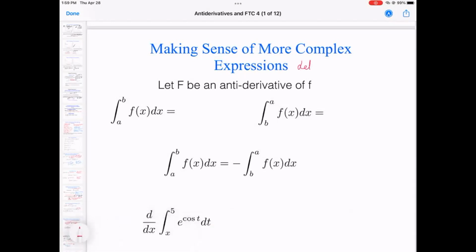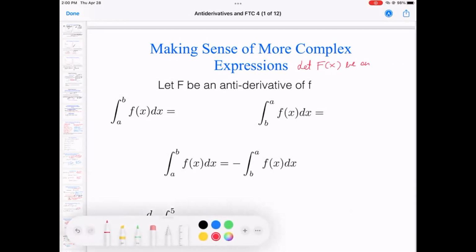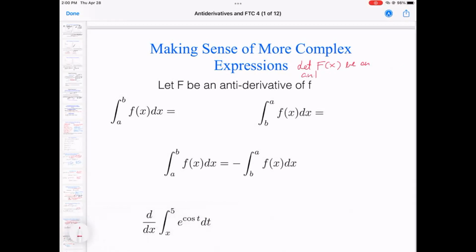Let capital F of x be an antiderivative of lowercase f of x.